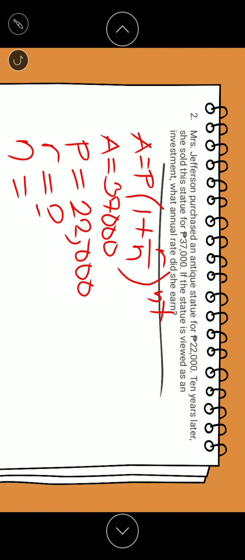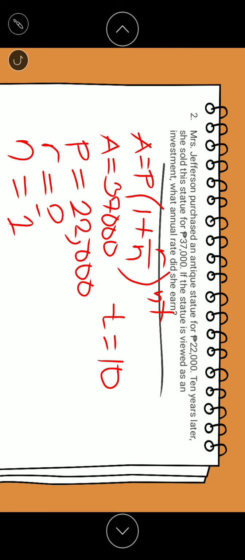Since it is annual rate, annual means 1. Then our time is 10 years. Now we have the formula and given facts or values to use in the solution.